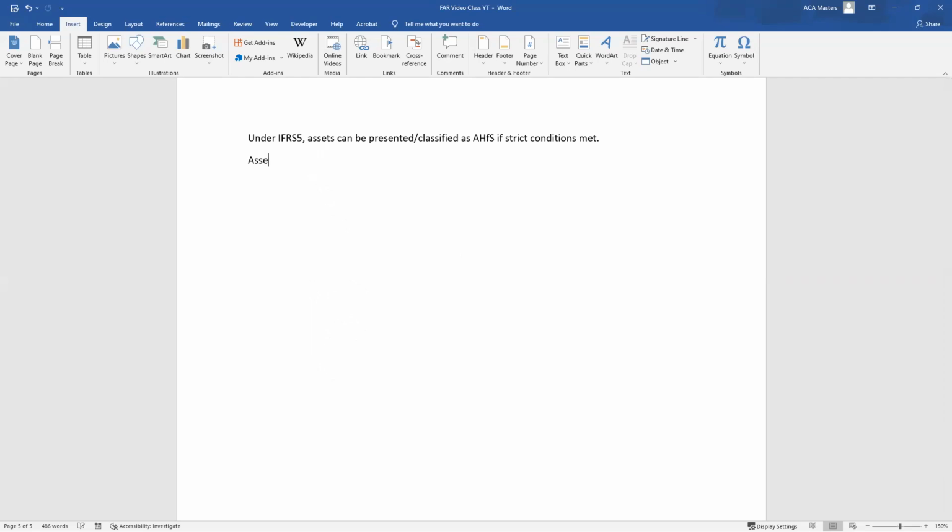So we could say: asset remeasured to fair value minus cost to sell if lower than carrying amount. And we could say, for assets under revaluation model, asset remeasured to fair value prior to reclassification.